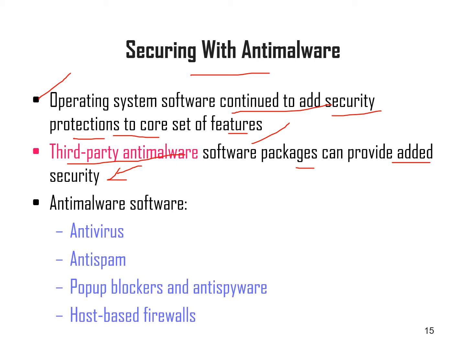Say for example, Symantec is there, producing Norton antivirus, right? Kaspersky is there, McAfee is there, K7 antivirus is there, Quick Heal is there, Bitdefender is there, Avira is there, Avast is there. There are a number of Spysweeper and other third-party anti-malware software that are used for giving added security for a particular operating system.